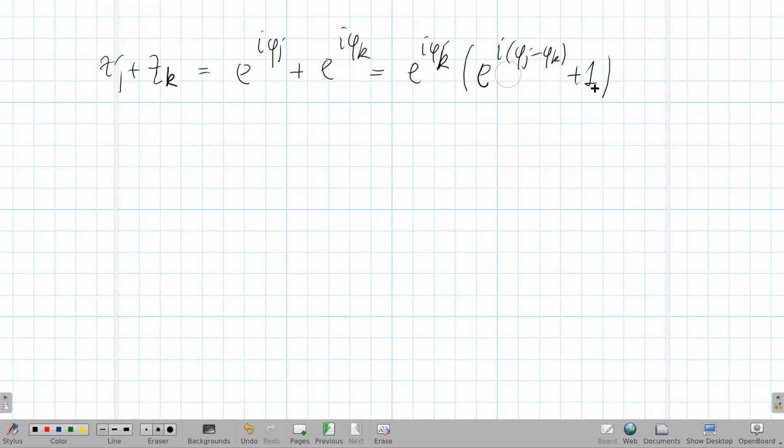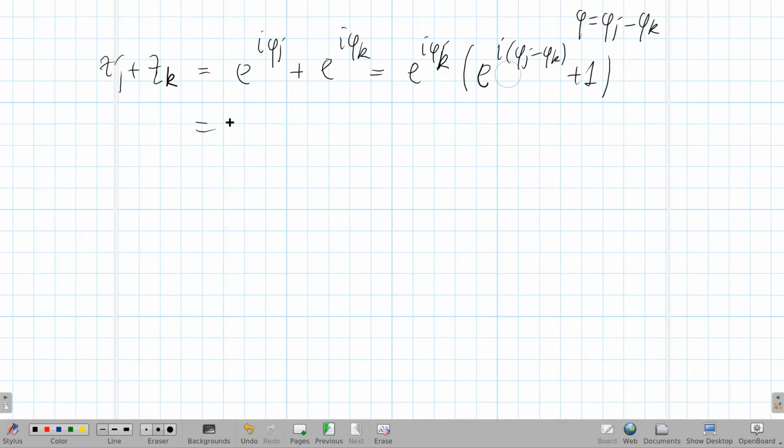And of course, we have Euler's formula. Let's use a shorthand: let's call phi this difference of the angles.